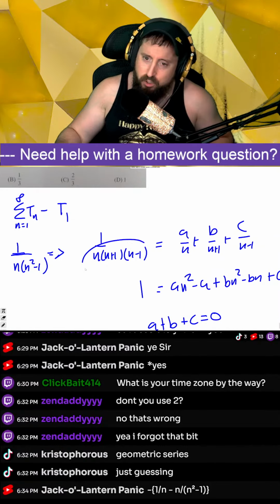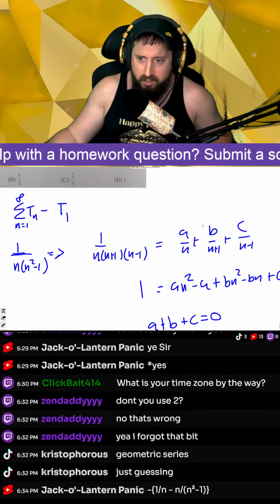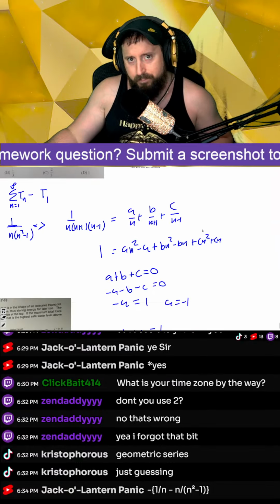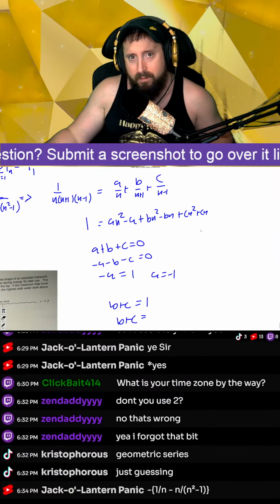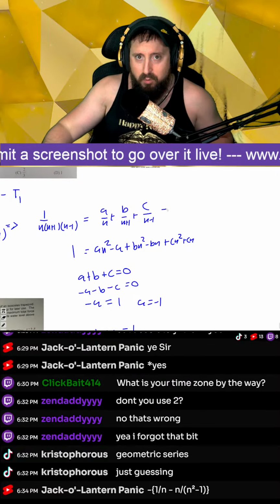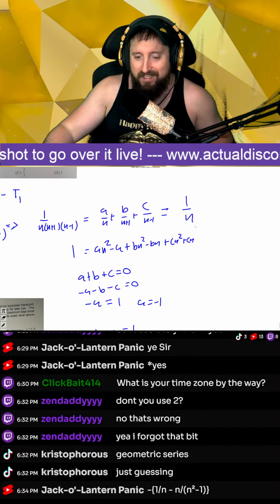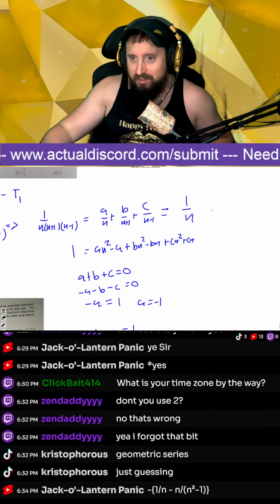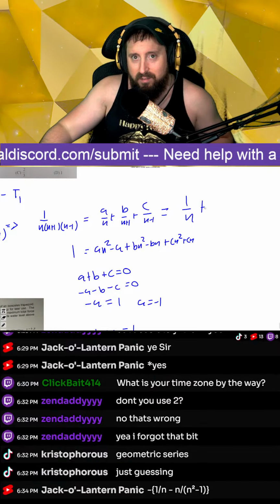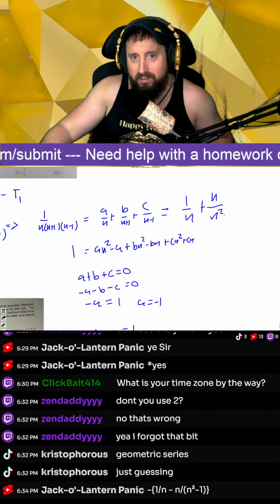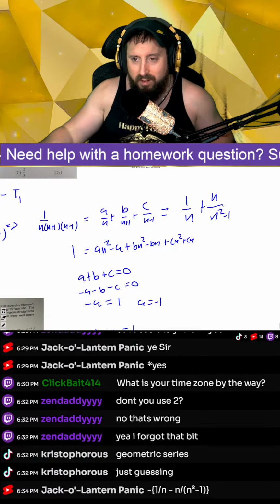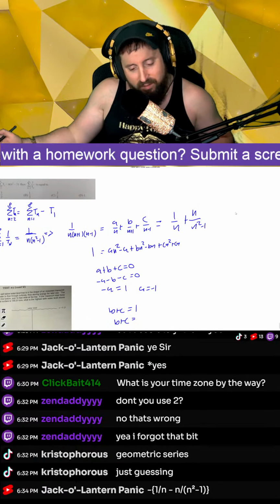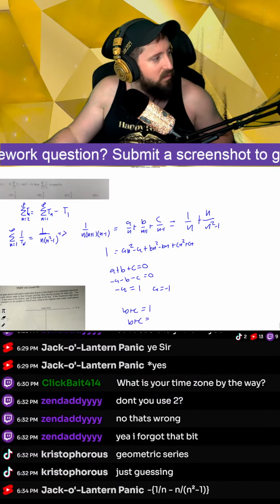Wait, I thought I for sure could just split it out like this, though. Can I? Well, I agree it's equal to minus 1 over n. I don't know where you get the n over n squared minus 1, but let's pretend it is. Okay. That still breaks.